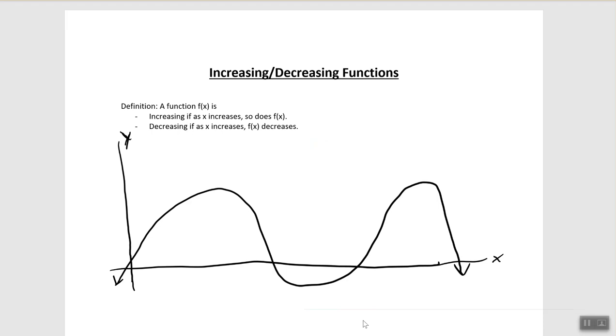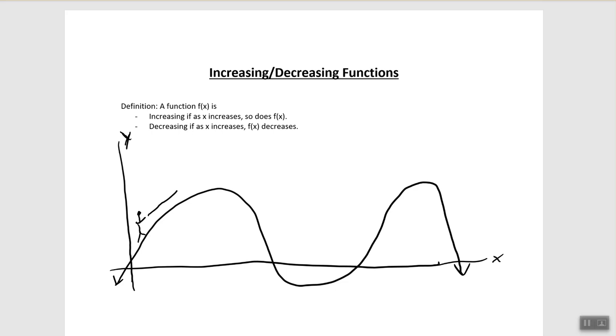Imagine yourself walking on the function. So I'm going to put a little picture of myself over here, little stick figure me. And whenever you walk on a function, you're always going to walk to the right, or in the positive direction. And we do that because we're really positive individuals.